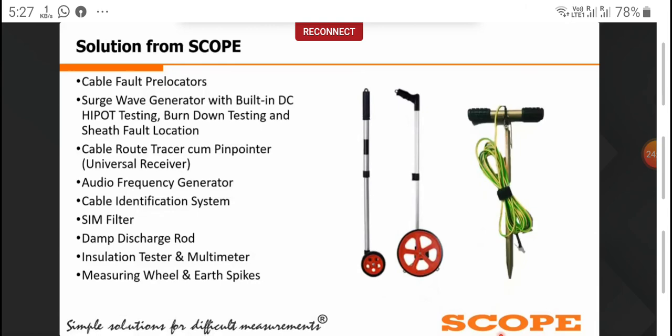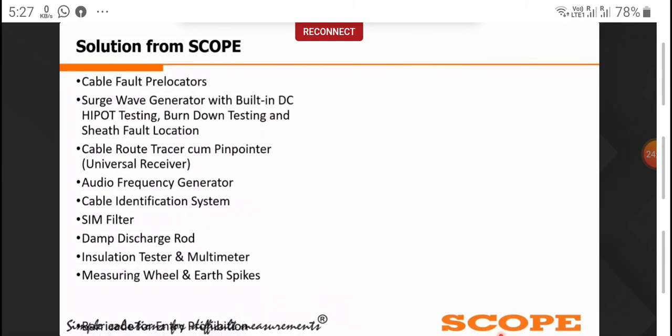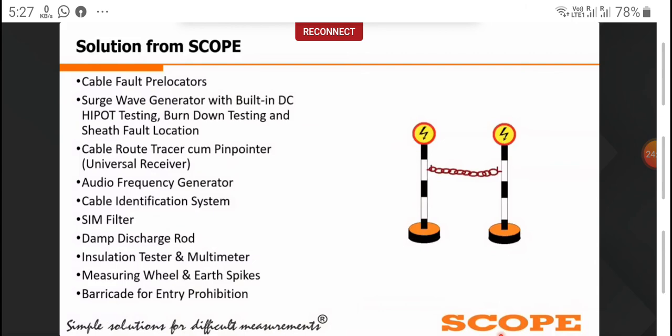After that we have the measuring wheels. Measuring wheel is also a necessary device. Okay, after that we also have barricades for providing entry prohibition in the cables.